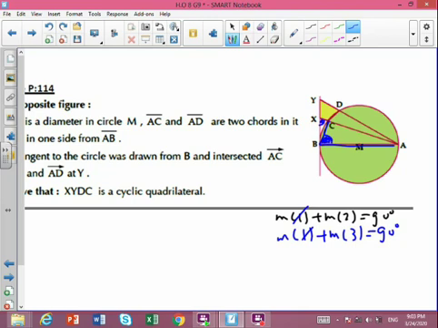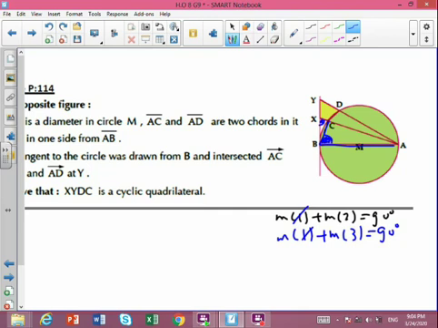Is it clear? Till now, is it clear? Okay, so this angle is equal to this angle. I know the drawing is not very clear, but we have to look at it very well. So look at it again very well, please.